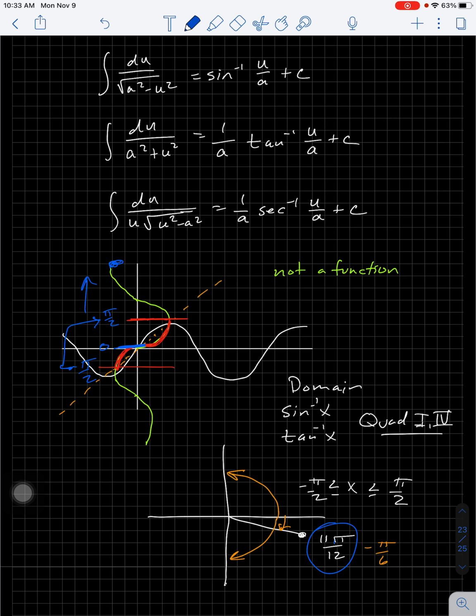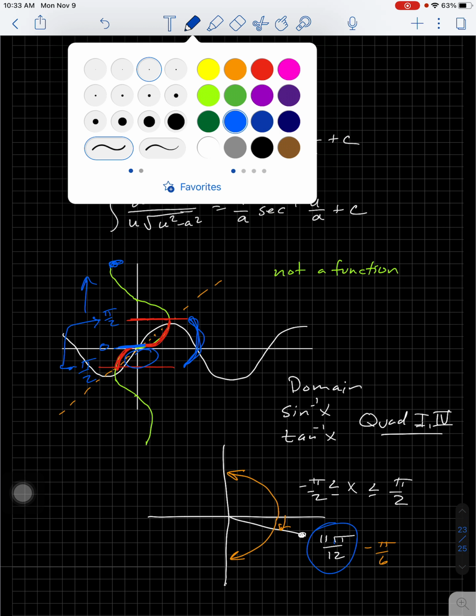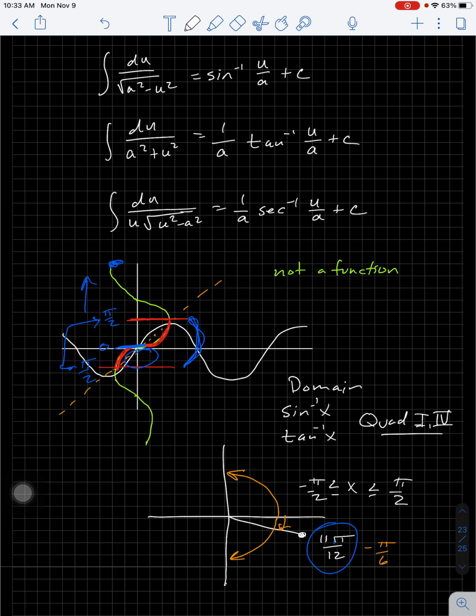And that's the issue, we want to name it in this range right here. So instead of 11 pi over 2, we have to name it in a negative manner. Okay, I can talk to you more about that in class if you need more review on that concept.